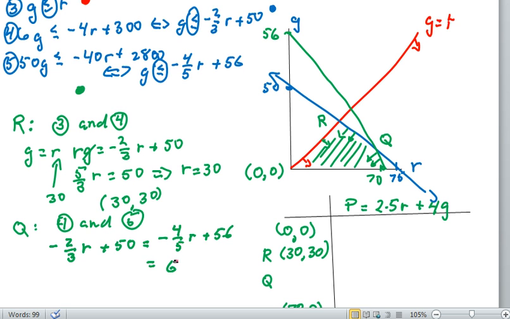And get that 6 equals, and now I'm going to take the coefficients of r and raise them to 15ths. So this is negative 10/15 plus 12/15 r.